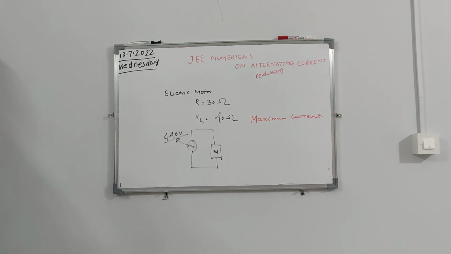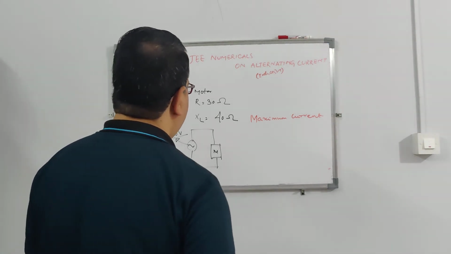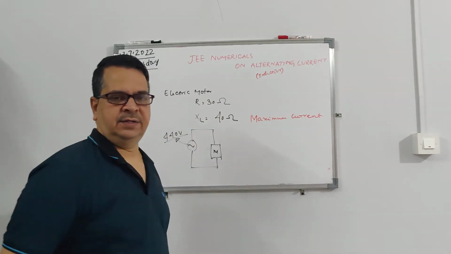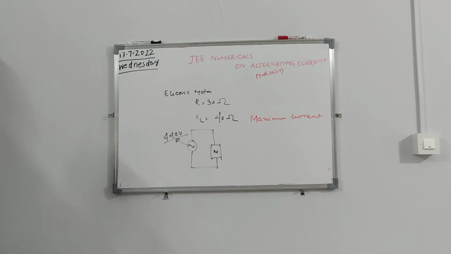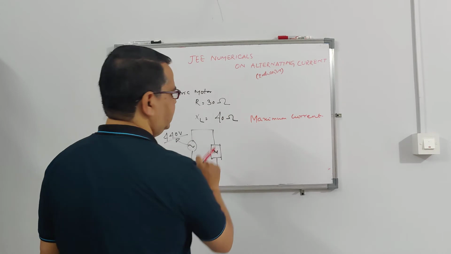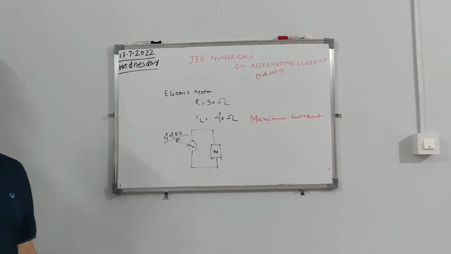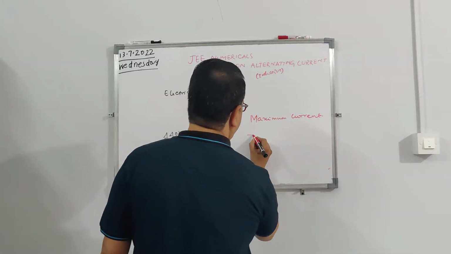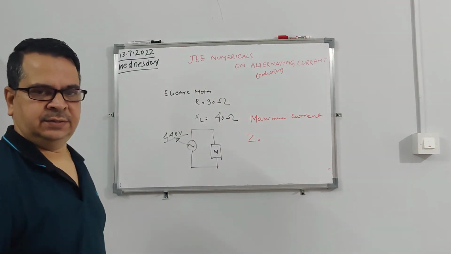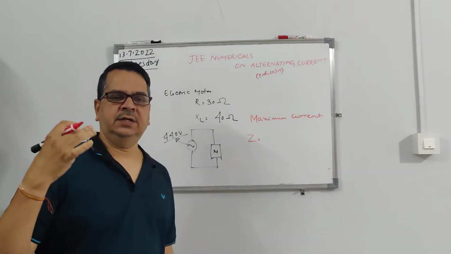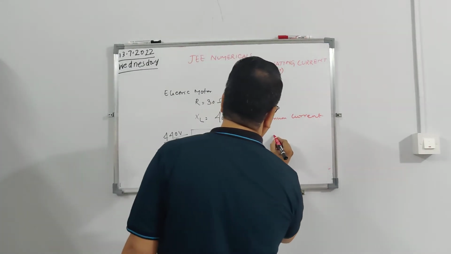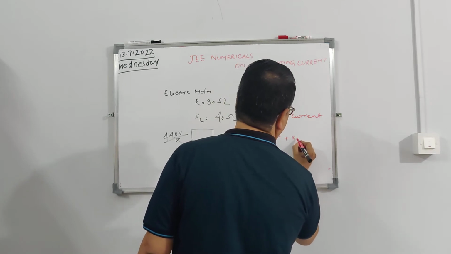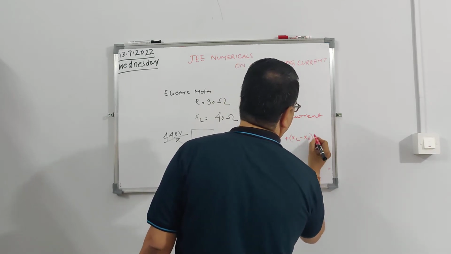You have to find the impedance here. This is a circuit where you have a resistance and an inductor, and XL is the inductive reactance. So you have to find Z first, which is the impedance. In an RLC circuit, instead of resistance, we call it impedance. So Z is equal to the square root of R square plus (XL minus XC) whole square.